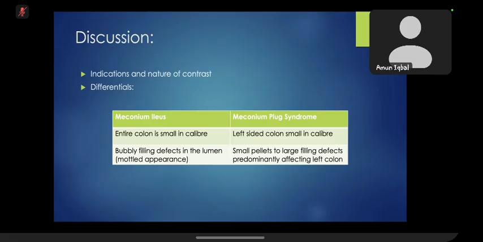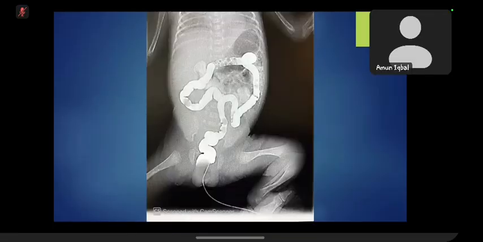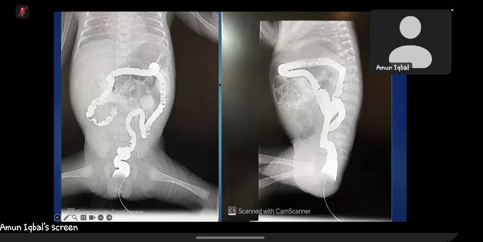So this is a meconium ileus, and you saw that a lot of focal small filling defects were noted in the microcolon. So I would show you again, yeah, multiple pellets. And when you observe very clearly, you would see that they are changing their position.